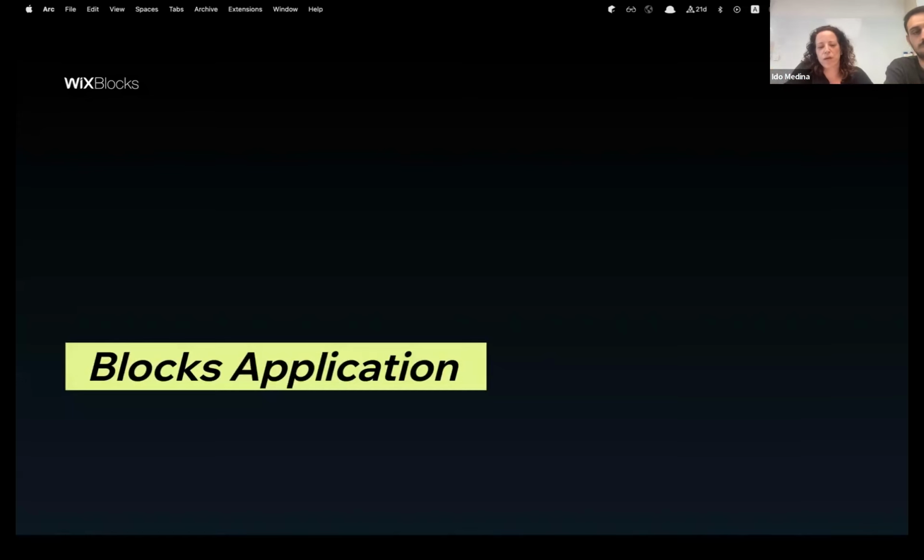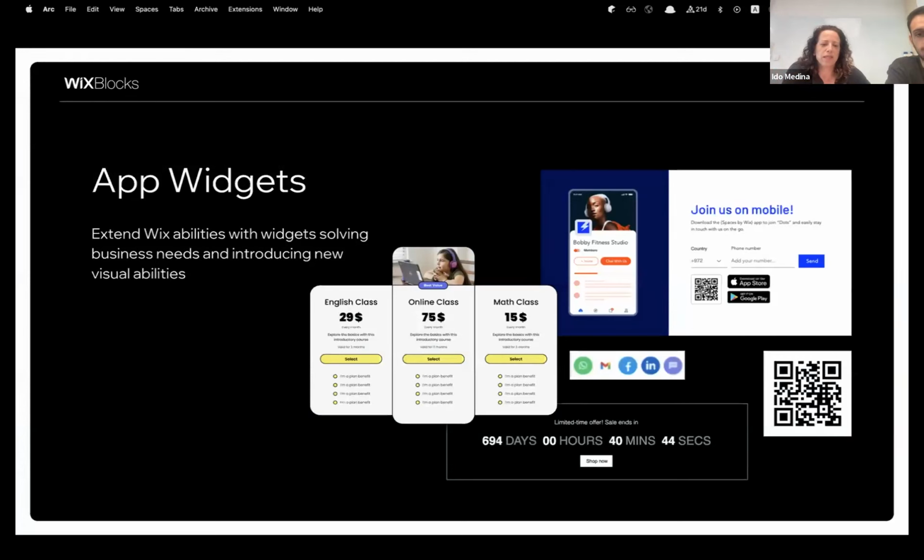I want to show you a couple of examples of applications and with different types to open your mind to what can be created on Blocks. But I think the easiest thing to imagine are all sorts of UI widgets and expressions that are simply added to the site abilities.